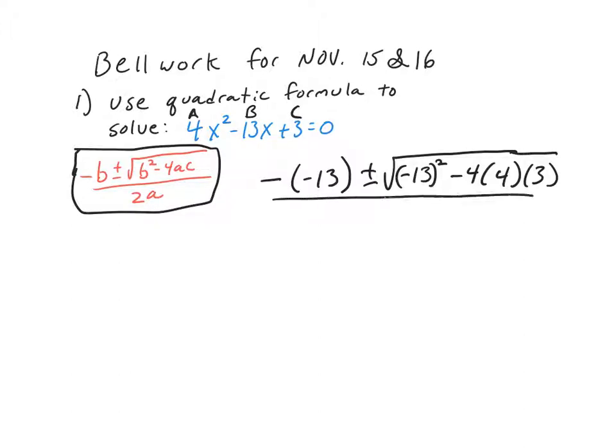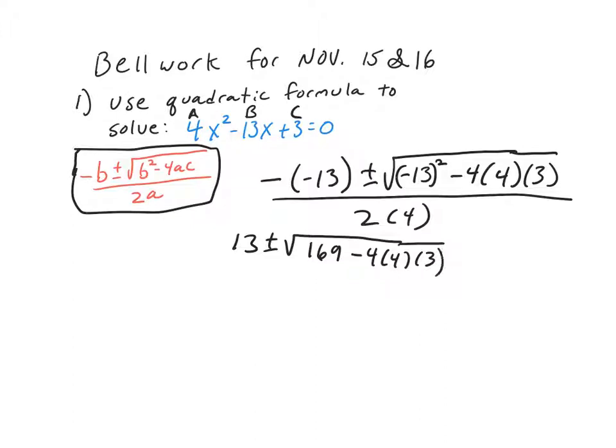And the whole thing is over 2 times A, so 2 times 4. So negative 13 is positive 13, plus or minus the square root of negative 13 squared, which is 169, minus 4 times 4 times 3, and 2 times 4 is 8.